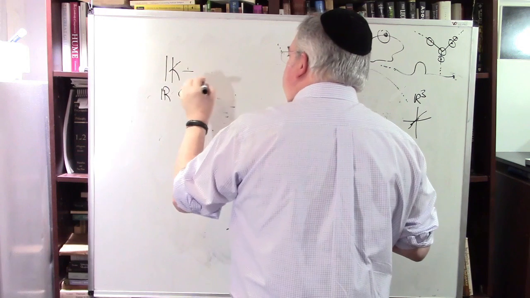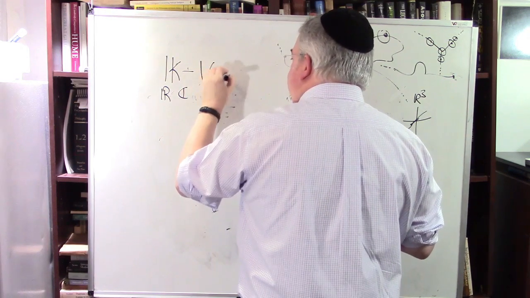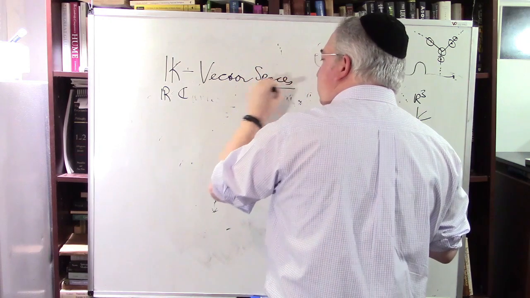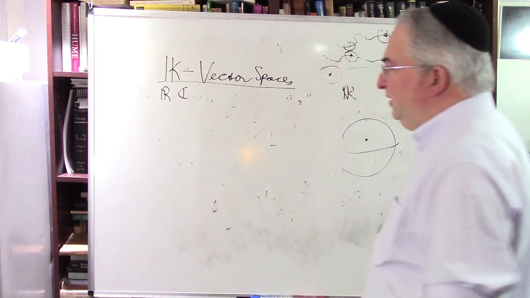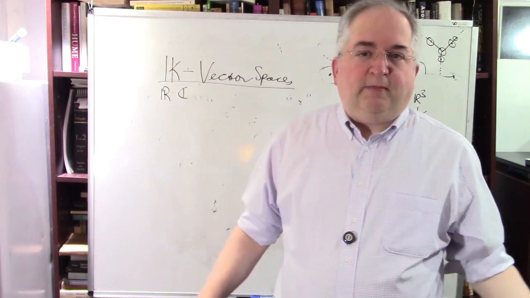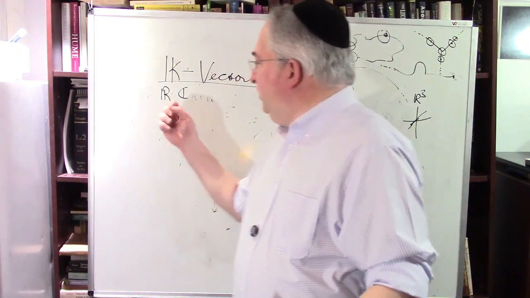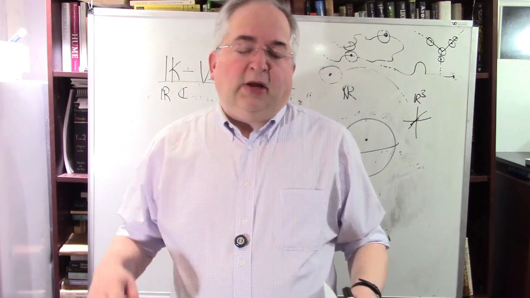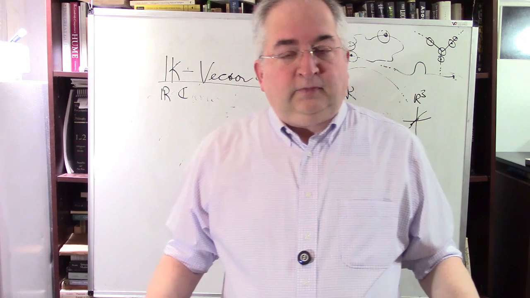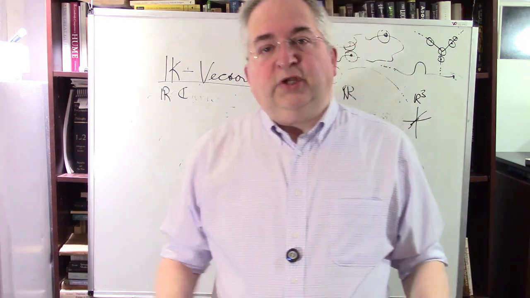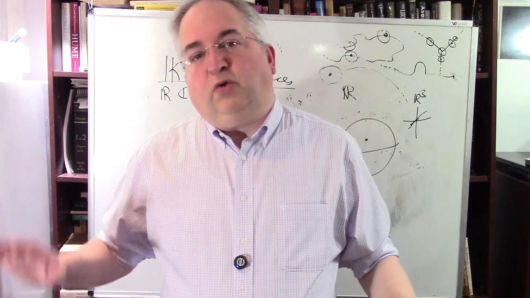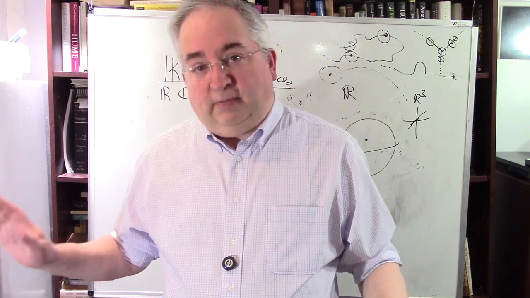We could talk about K vector spaces. This will be fundamental later on. These are vector spaces based on either the real numbers or the complex numbers. What are they? They're algebraic structures, and they're all about linear algebra. We're going to have an entire mini course based on them, so I don't have to talk about them right now.